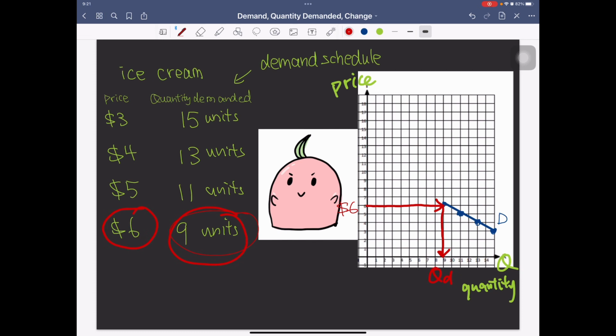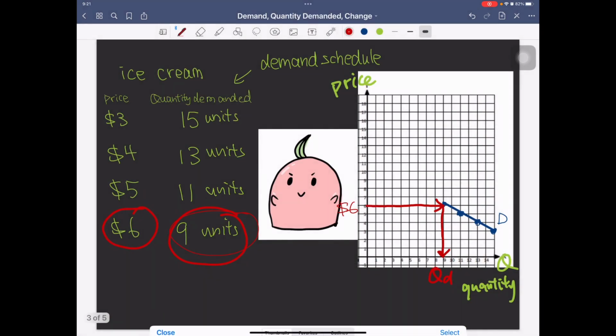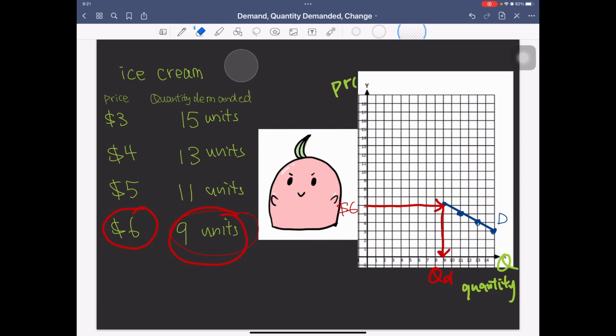So let's take a look at the change in quantity demanded of a good. We use QD to represent quantity demanded. We have mentioned that at the price of 6, the quantity demanded will be 9. How do we say there's a change in quantity demanded? It is due to a change in the price.